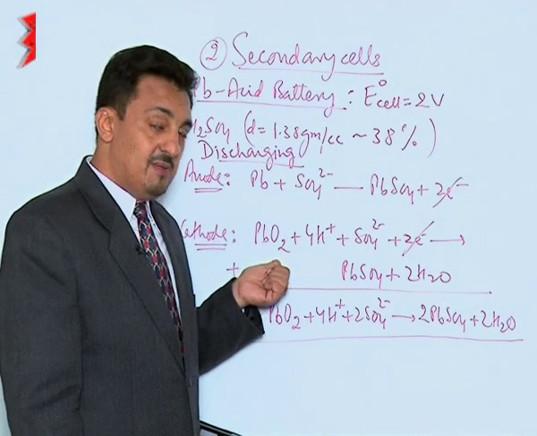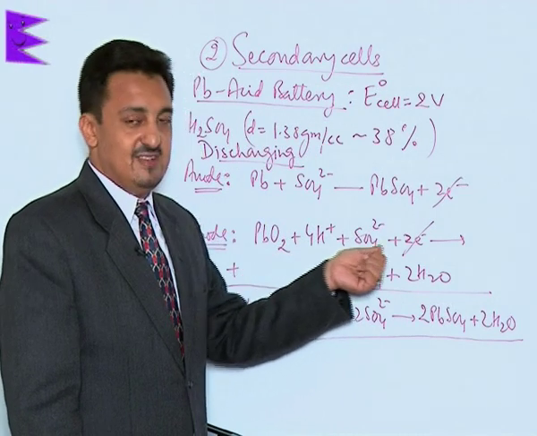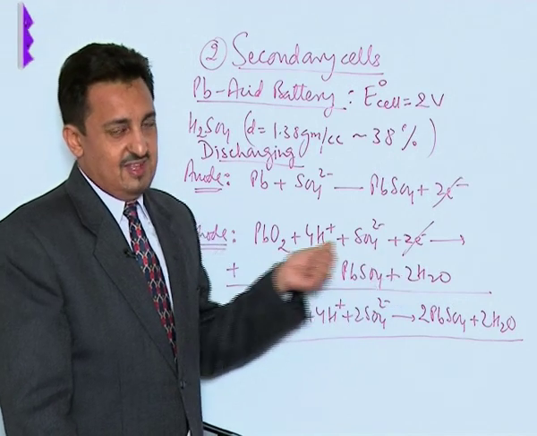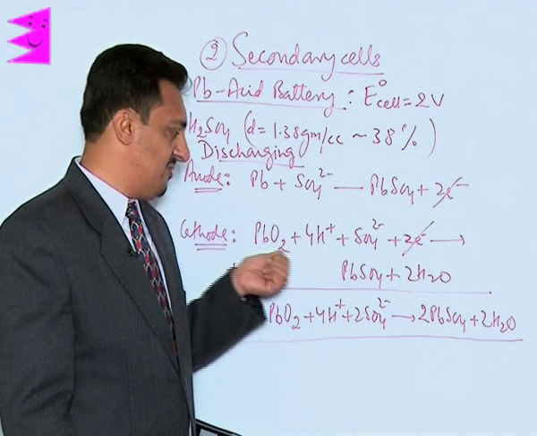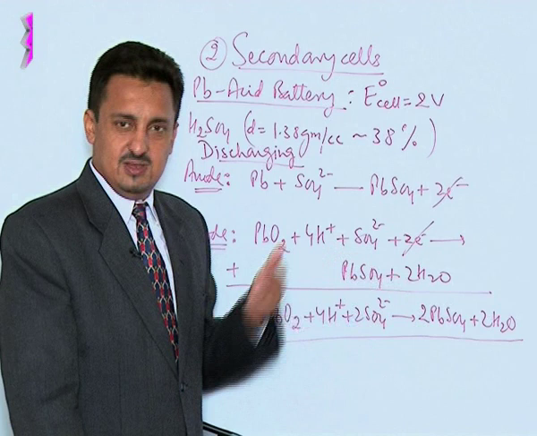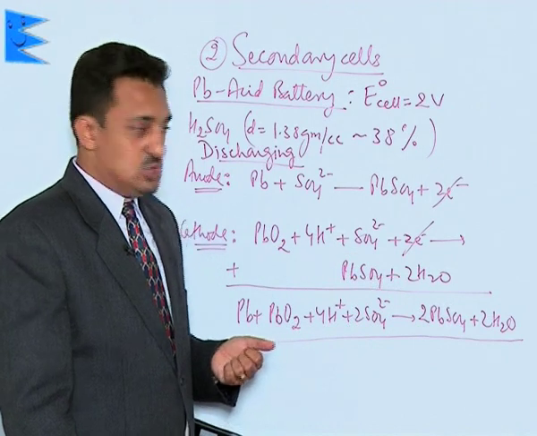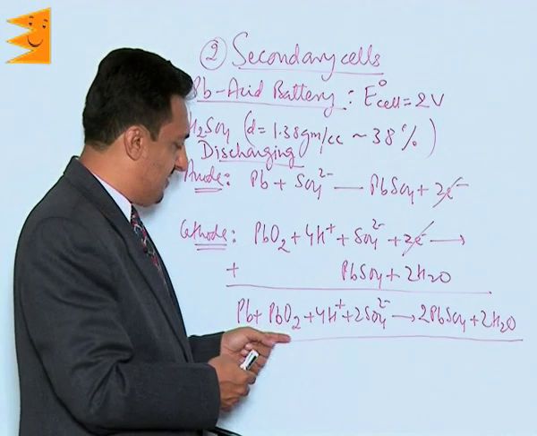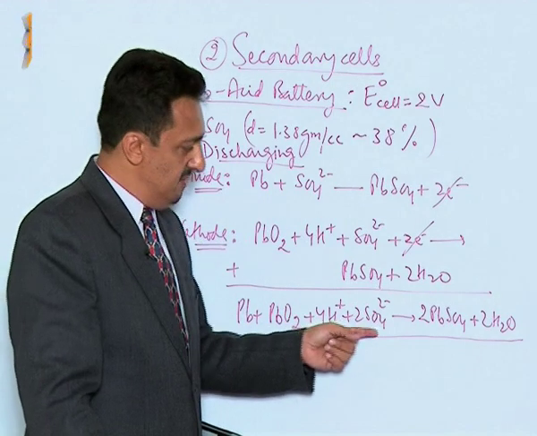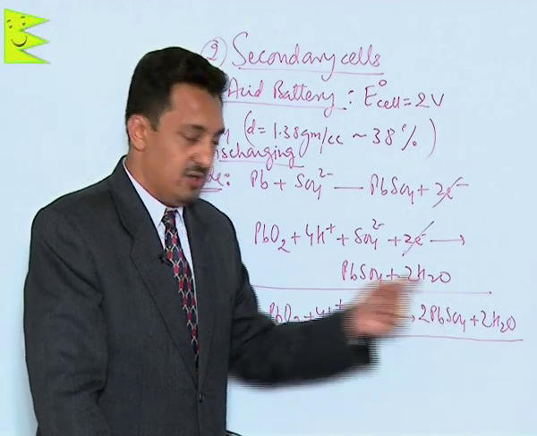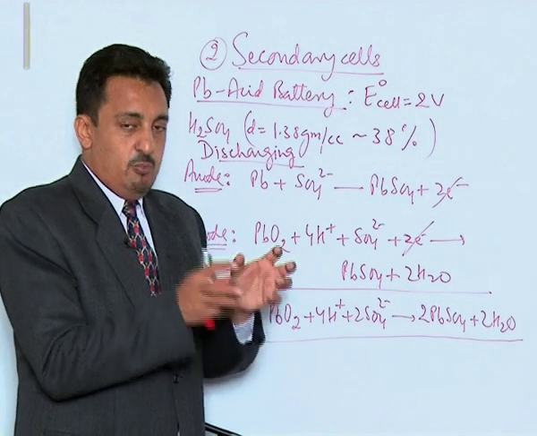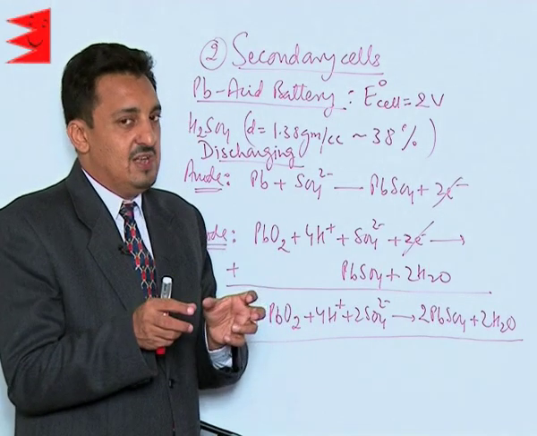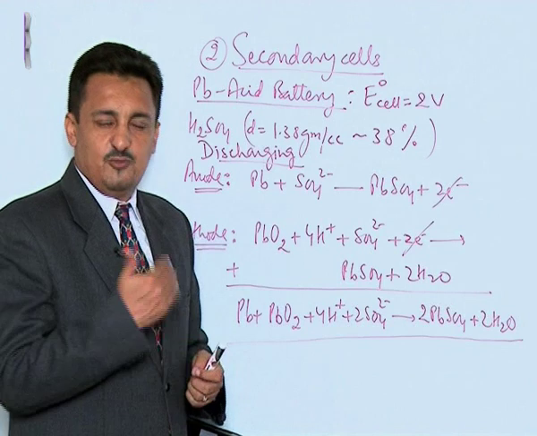Lead oxide, in the presence of H plus ions and sulfate ions, accepts these electrons and gets reduced from the +4 state of lead oxide to lead sulfate and forms water. So the electrons get cancelled. The overall reaction is lead plus lead oxide plus 4H plus 2 sulfate gives twice lead sulfate and water. So after use, both the cathode and the anode get converted to lead sulfate and water is formed.